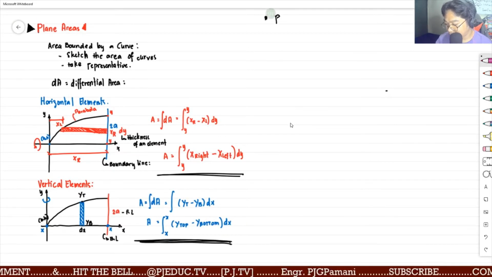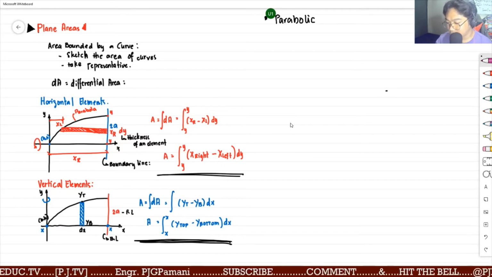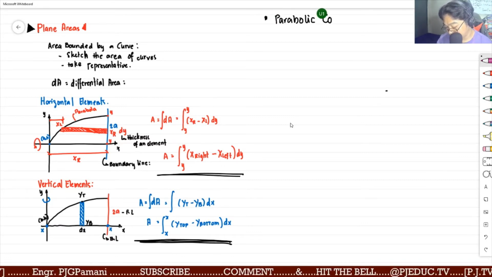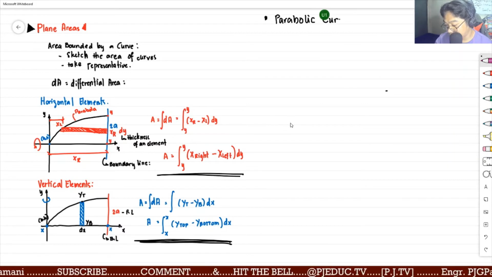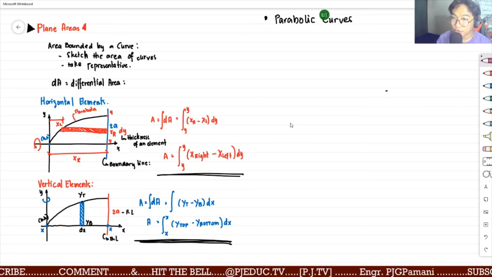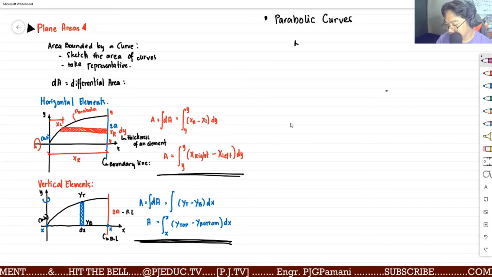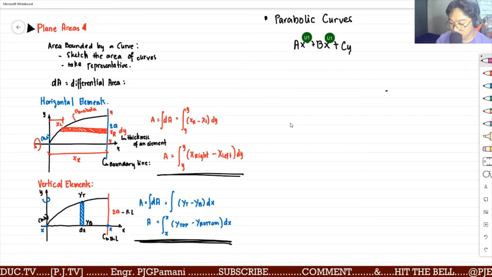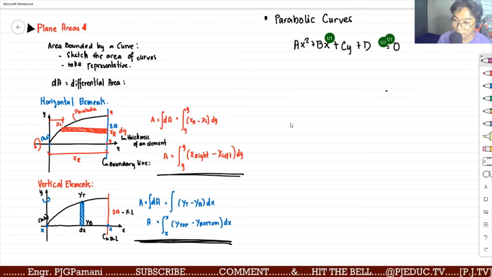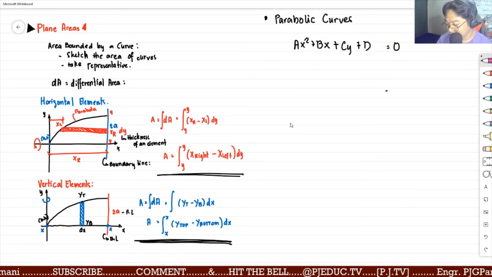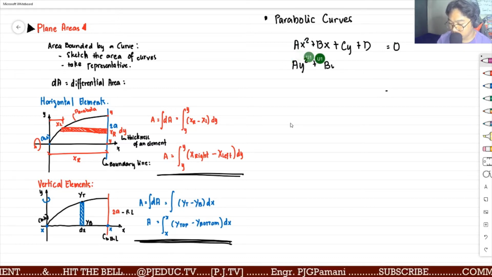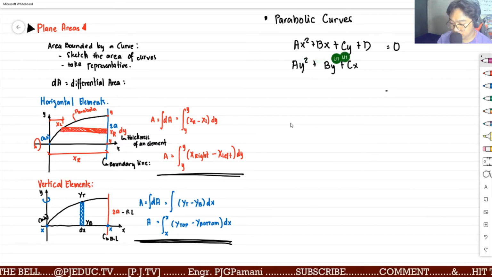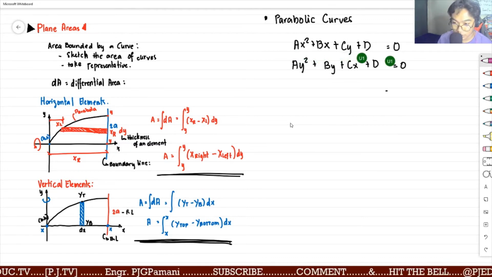With parabolic curves, I can't make a separate video for this, since it is not part of calculus. So remember the general form of a parabolic curve is ax squared plus bx plus cy plus d equal to 0. Or if it is in the y-axis, ay squared plus by plus cx plus d equal to 0.